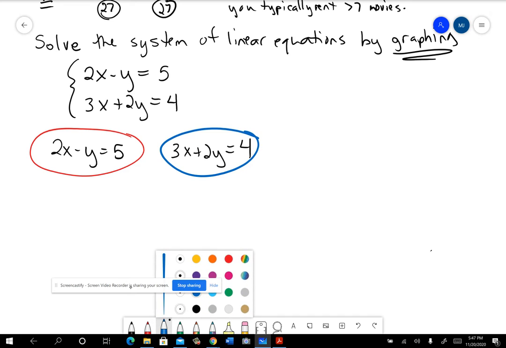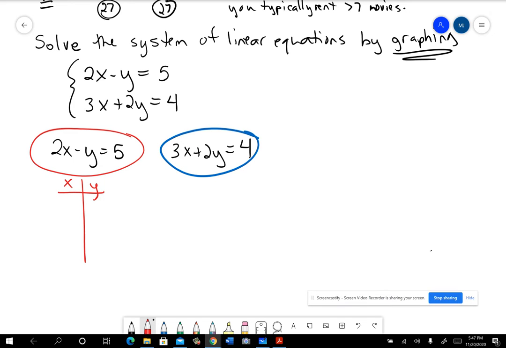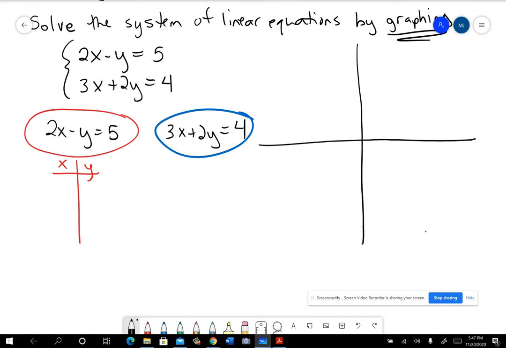Okay, let me make that a little skinnier. All right, so first thing I'm going to do is look for some ordered pairs that I know satisfy that equation. And then I'll do the same for the other one, and I'll get those two graphed. Okay, so let me go ahead and put a coordinate plane over here. And I'll wait to put my scale on it until after I get some ordered pairs.